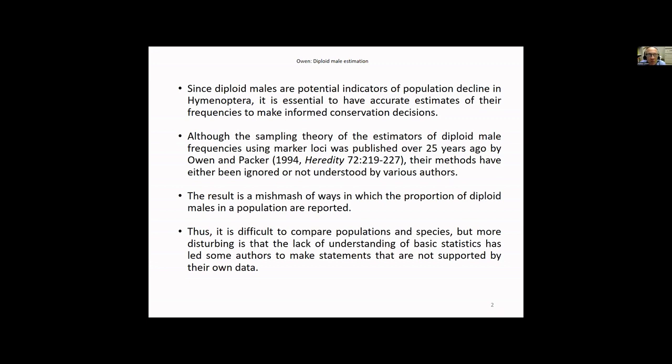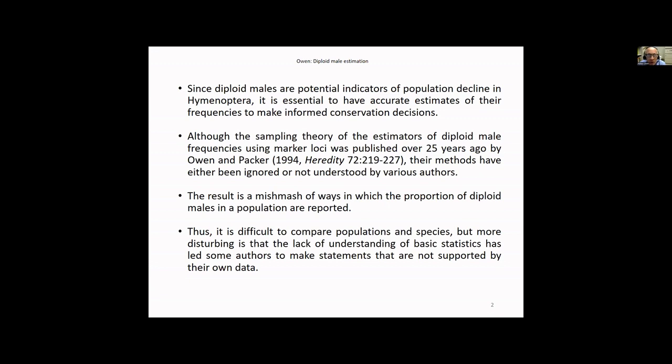Ambrosiad and Lawrence Packer have shown that diploid male extinction vortexes can occur under situations, and therefore they're very important for conservation.